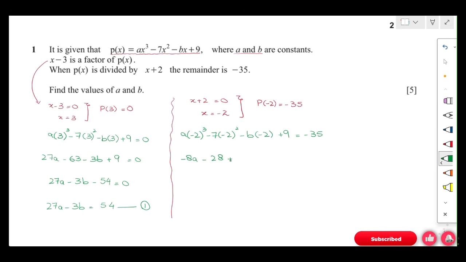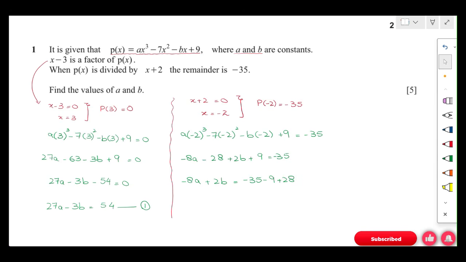Negative times negative is positive 2b, plus 9 equals negative 35, sorry. Okay, now minus 8a plus 2b equals negative 35, and shift the 9 to the other side, negative 9, and 28 becomes positive 28.